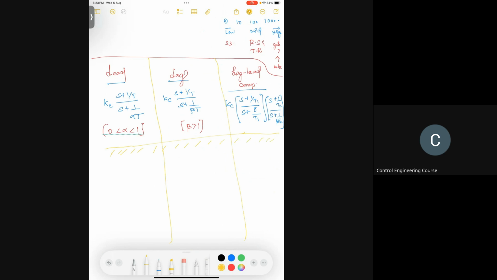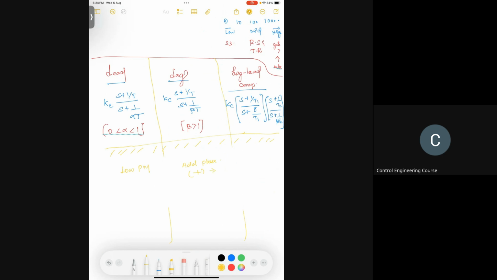Okay. When you have a low phase margin in your system, the solution would be that you want to add phase margin, or add phase. So this is plus.